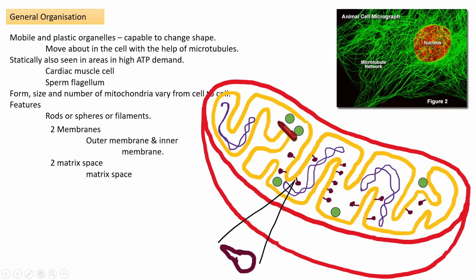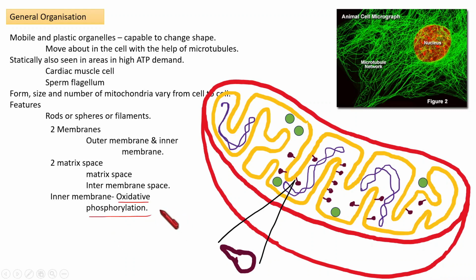This is the matrix space, and this is the intermembrane space between the two membranes. The inner membrane, which we can see in yellow color, is the main site of oxidative phosphorylation. We will learn about the process later, an important process that leads to the generation of ATP. So that is taking place in the inner membrane.